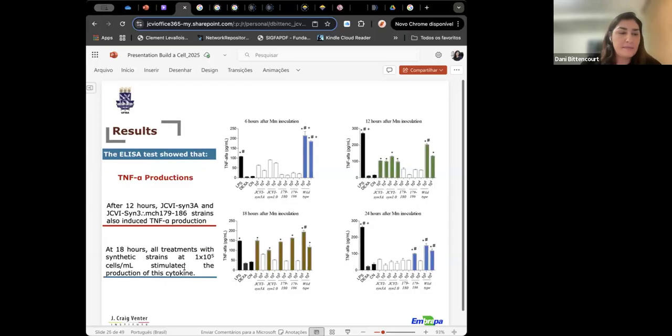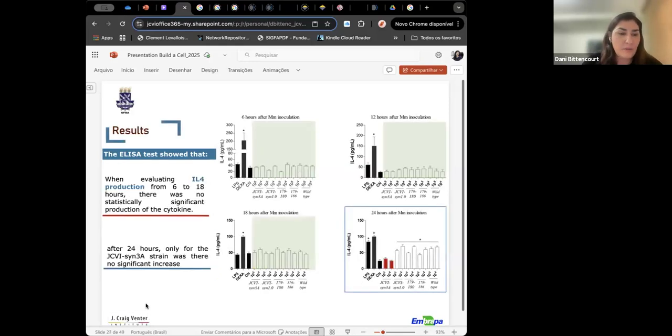The same way here. Okay, sorry, this is just to explain a little bit because of the differences of the time frames. But then here we have another one, which is the IL-4. The other two are responsible for the production of pro-inflammatory response, so they induce the inflammatory reaction.